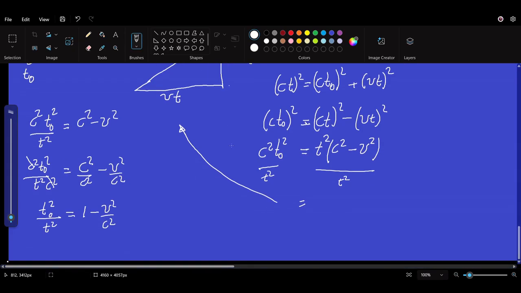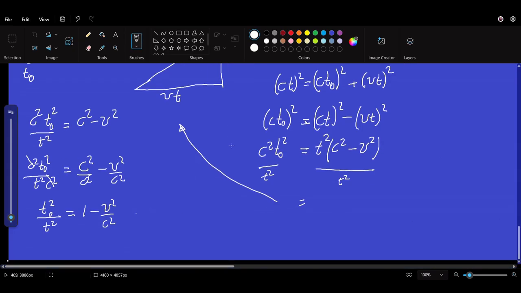So from here we could find the square root of both. If we find the square root of everything, we will have here that t naught over t equals this expression, the square root of 1 minus v squared over c squared. So this establishes a relationship.